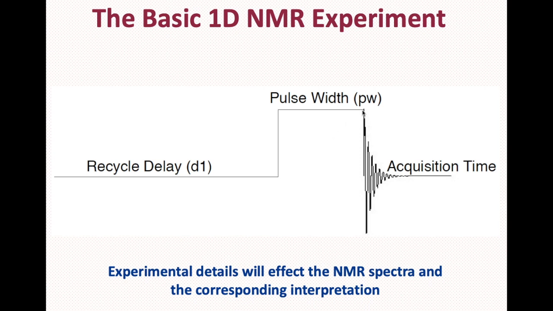The moment it is switched off, you can see it is decaying exponentially, and when you try to fit this exponential function, it will have different time constants, and each time constant is related to one particular type of nucleus present in your molecule. If you have n different types of nuclei in your molecule, accordingly n time constants we can obtain.